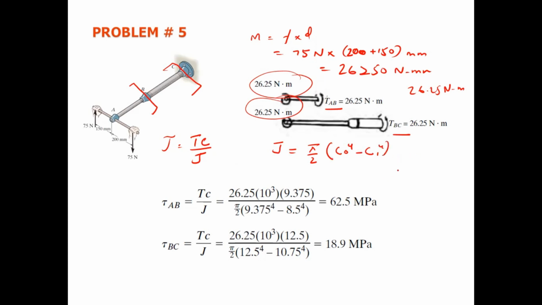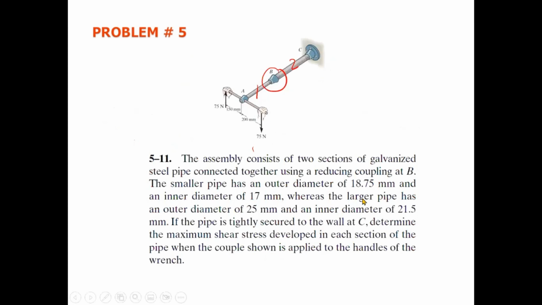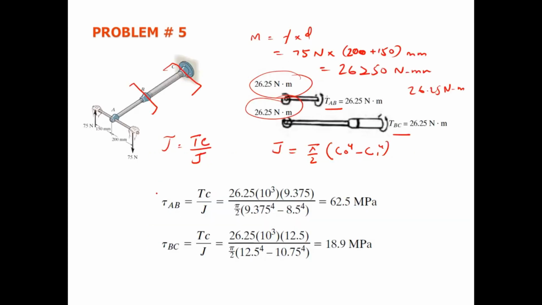And how much is the diameter given for the shaft? 18.75 outer diameter for pipe A. So 18.75 divided by 2 is equal to C, which is 9.375.